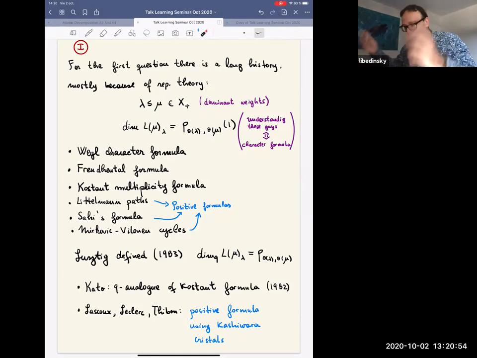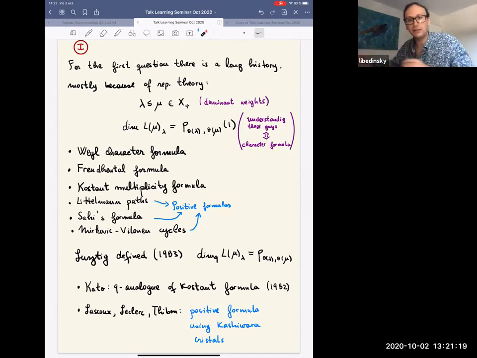And there are a lot of character formulas. I think that everybody knows the Weyl character formula, a beautiful general formula, but it's difficult to calculate with it. It's useful to prove stuff, but it's not so easy to calculate because it essentially gives you a lot of systems and you have to solve them.